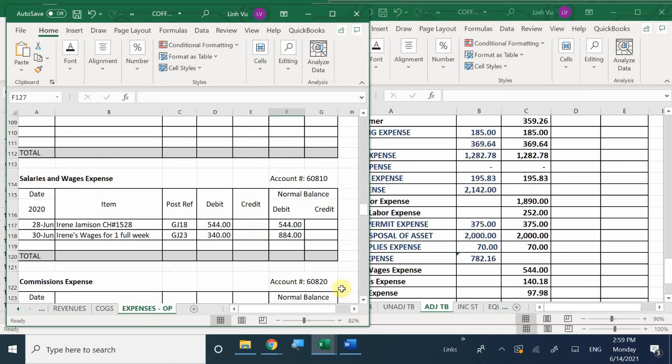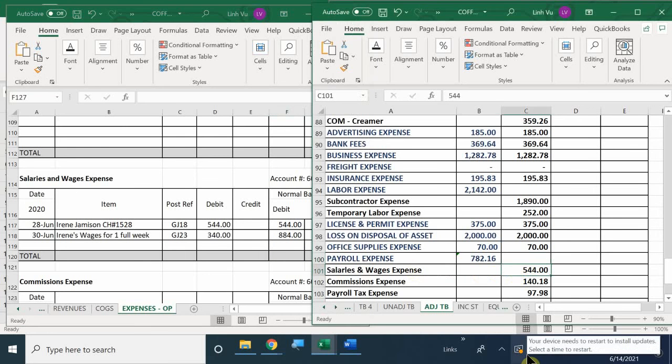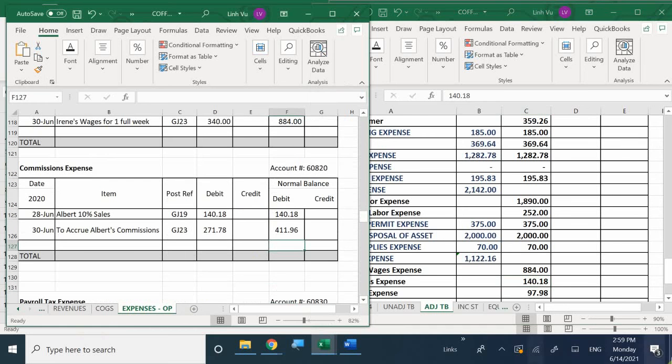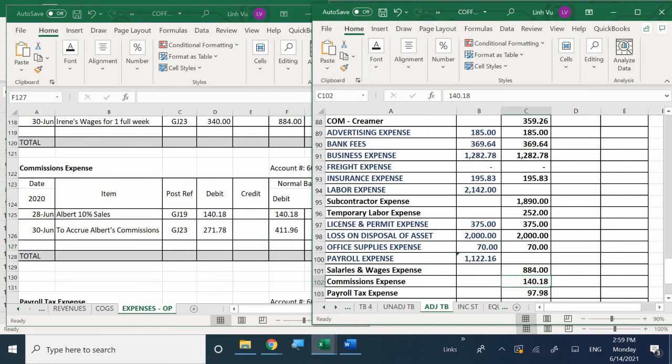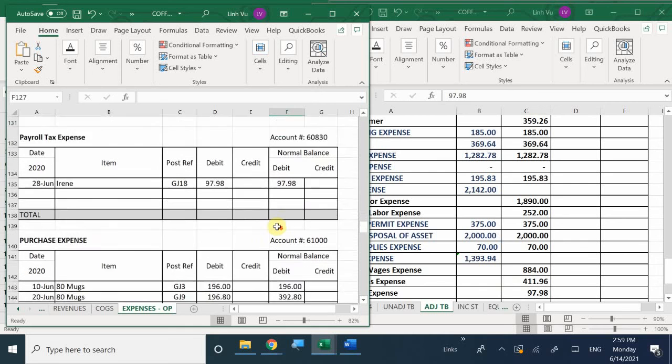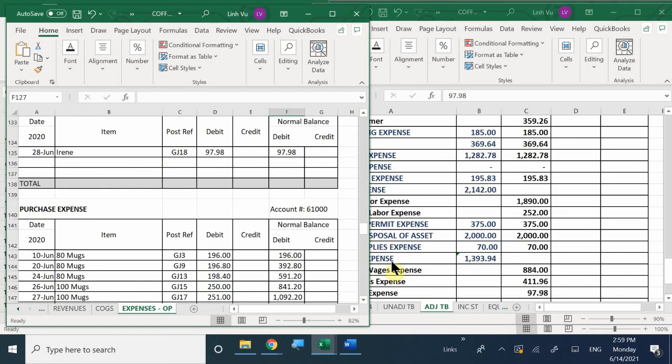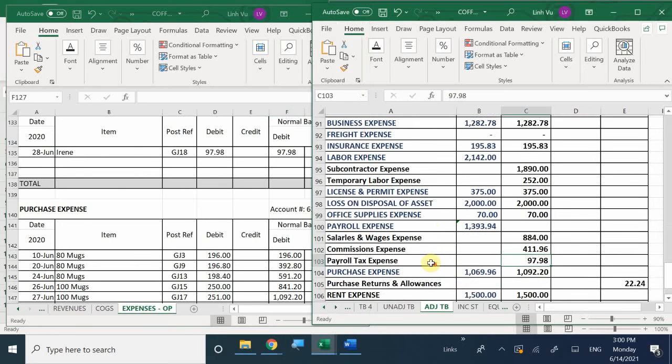Yes, because we had to accrue for Irene's salaries for the month of June. 884, good. Commissions expense, 411.96. Taxes are the same. So my grand total for payroll expenses is now 93.94. Excellent.